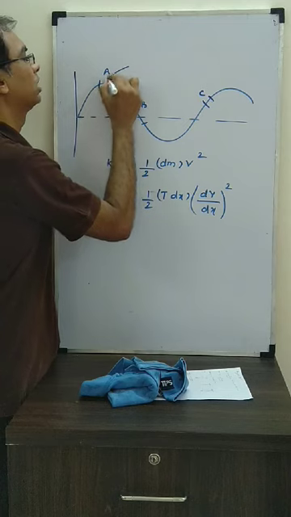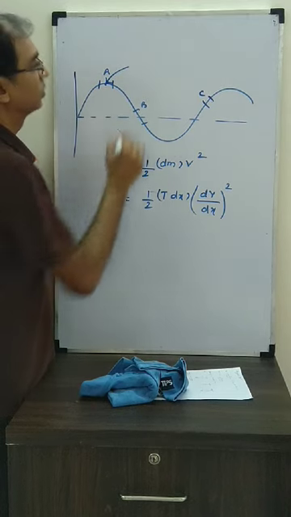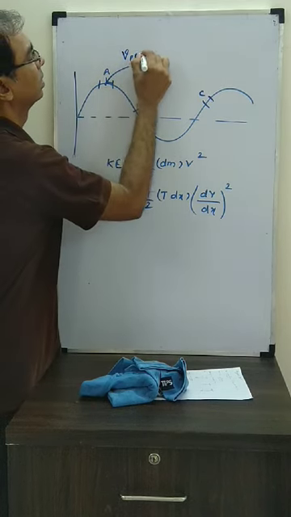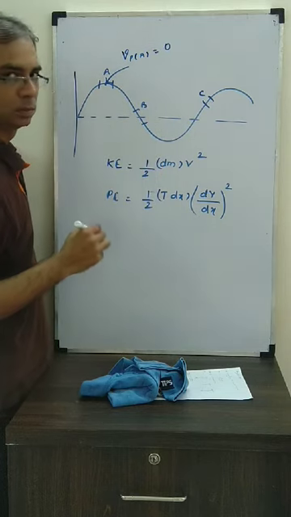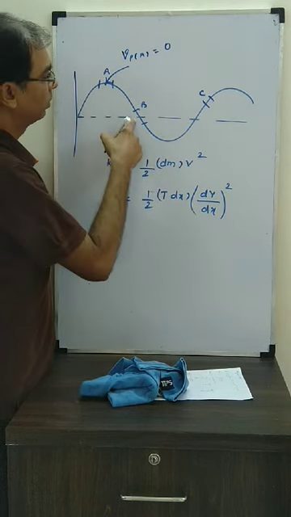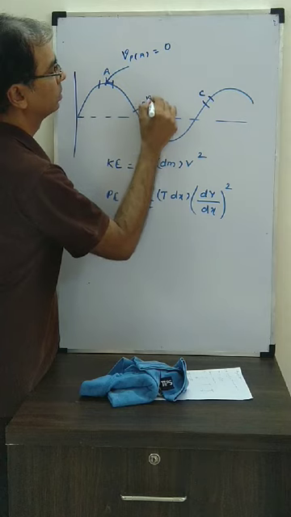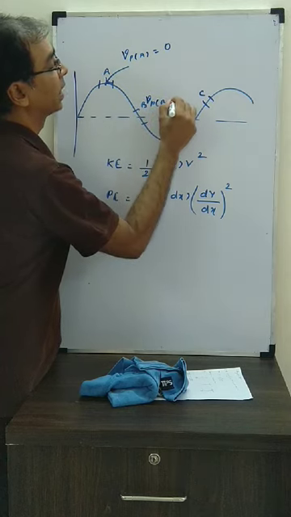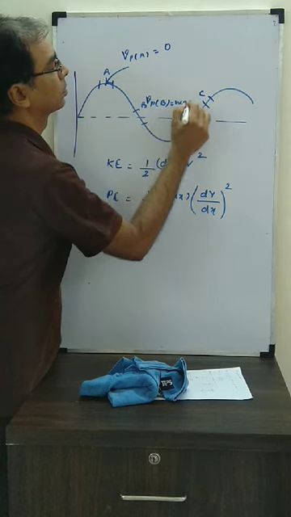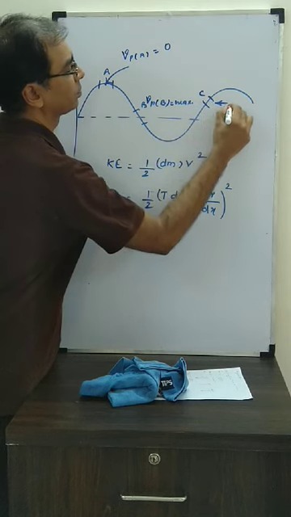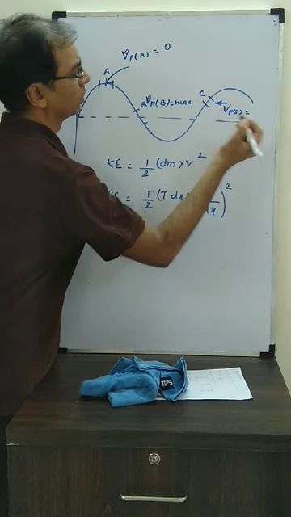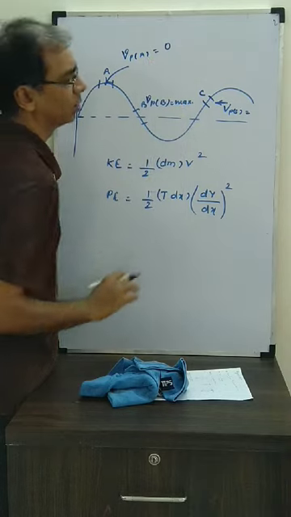You tell me what is the velocity of the particle here. Velocity of the particle at A is actually 0. Velocity of particle at B is max. Velocity of particle at C is somewhere in between, between maximum and 0.